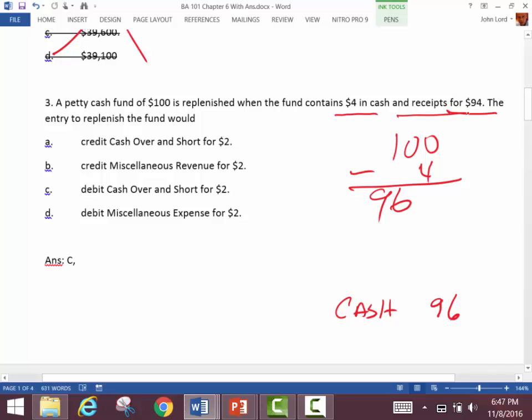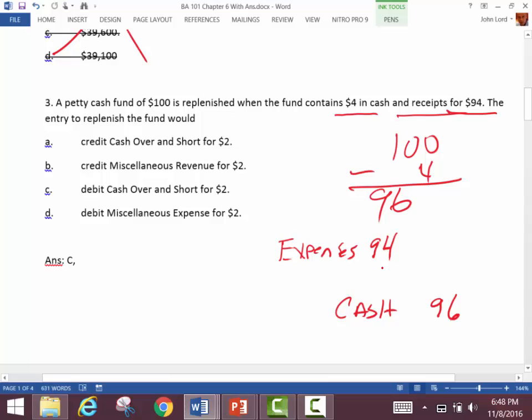For 94. When they tell me there's receipts, that means there's what you get from a cash register saying that you spent money, right? And so what happens? That means there's expenses in there of what? There's expenses of 94. Do I need a debit or a credit to make this journal entry balance?